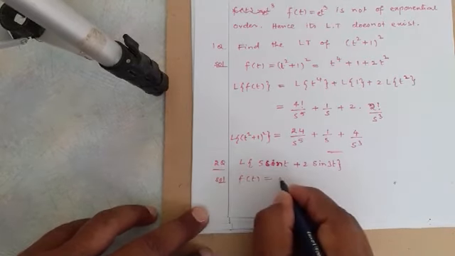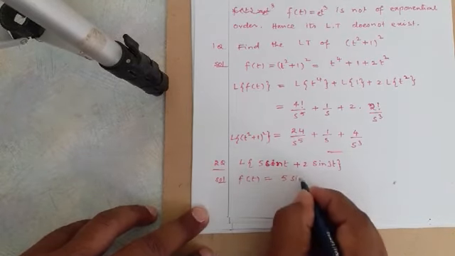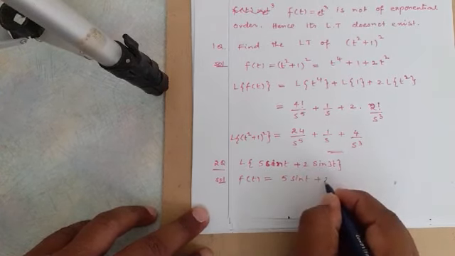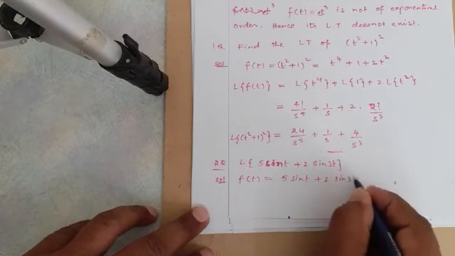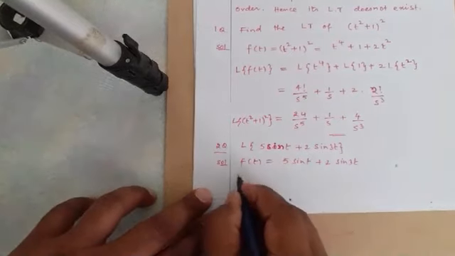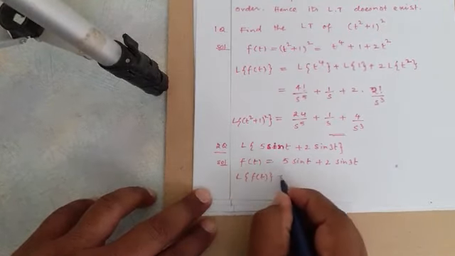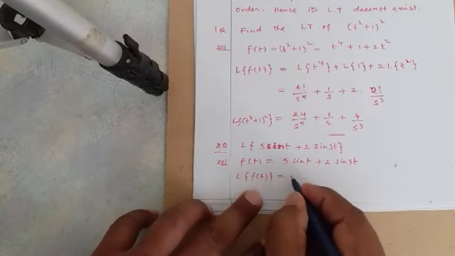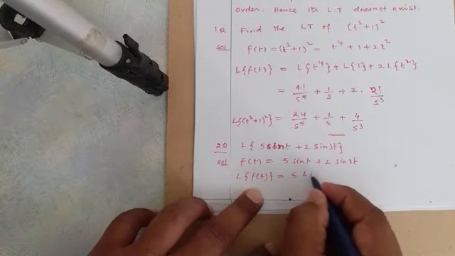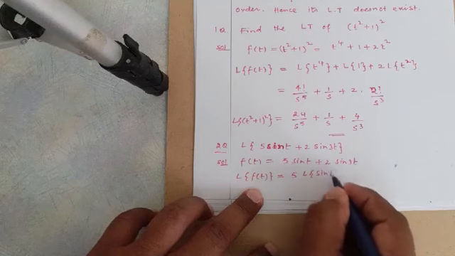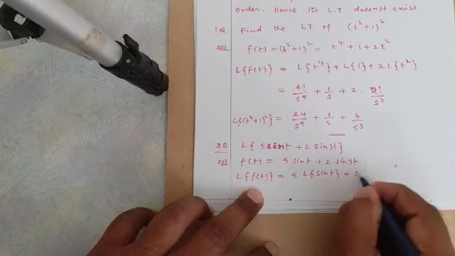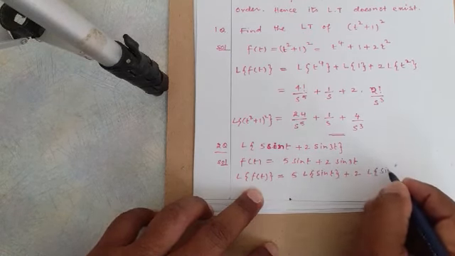F of t is equal to 5 sin t plus 2 sin 3t. Now when you apply the Laplace transform to f of t, by using the linearity property and taking constants outside, we write 5 Laplace of sin t plus 2 Laplace of sin 3t.